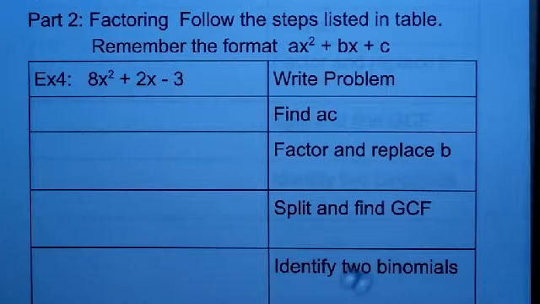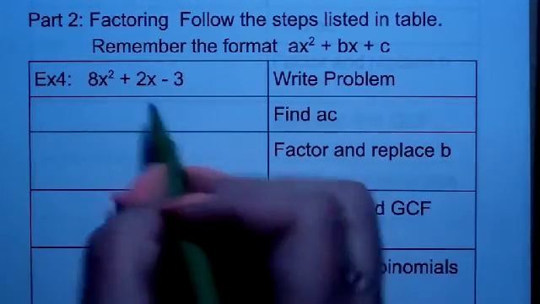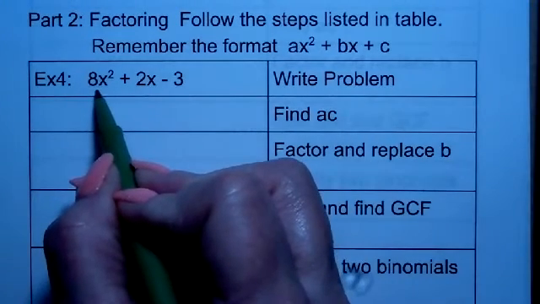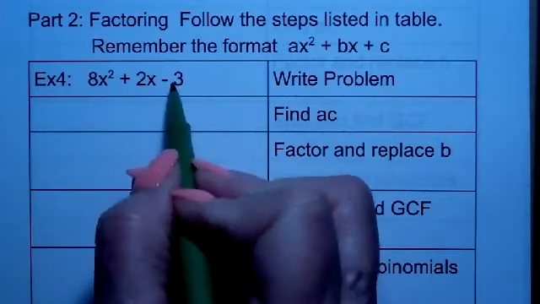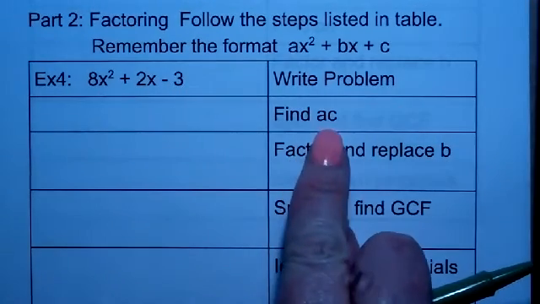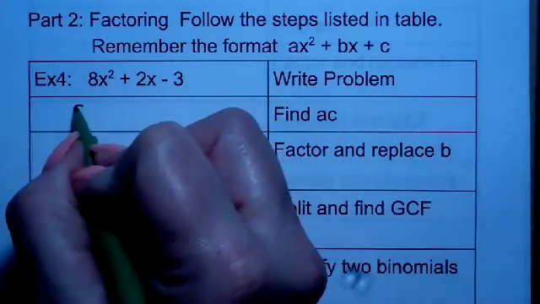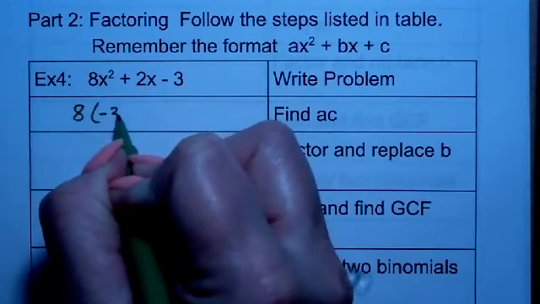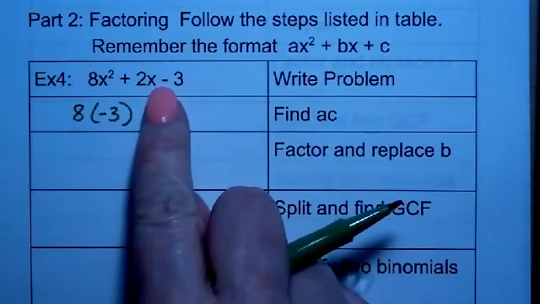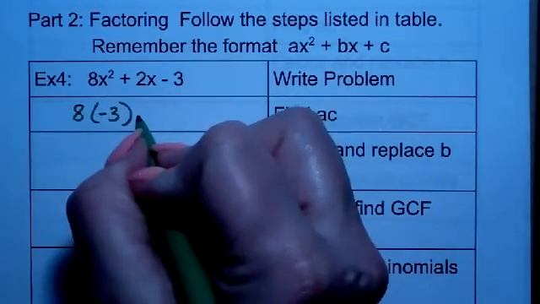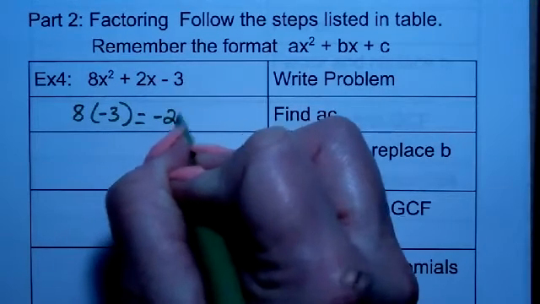So our first step, our trinomial is 8x squared plus 2x minus 3. Our first step is to find AC. So that is 8 times negative 3. Remember that minus stays with 3 as a negative, and that gives me negative 24.